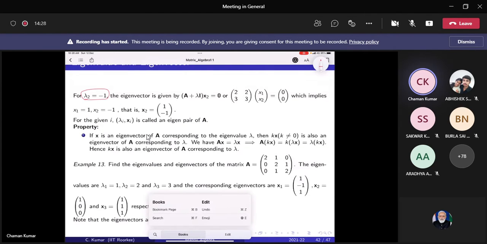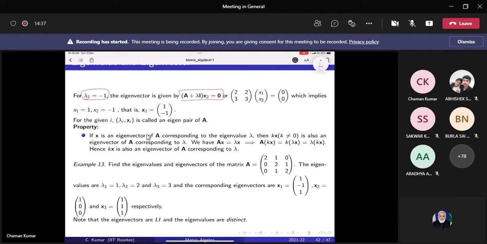in this equation, then I will get this equation. And this is again a system of homogeneous equations. And you know how to find the solution of the system of homogeneous equations from the previous lecture.